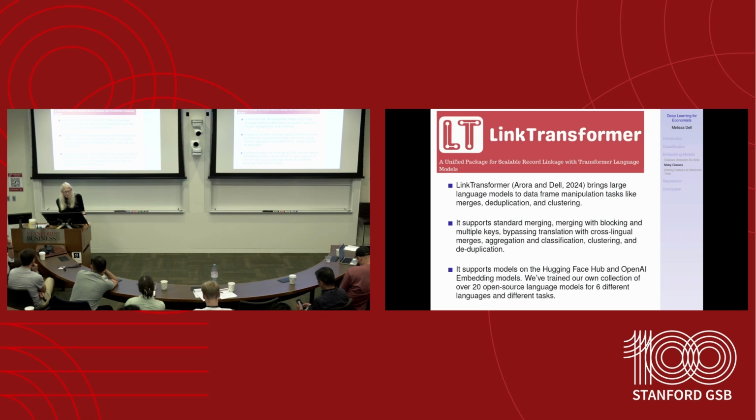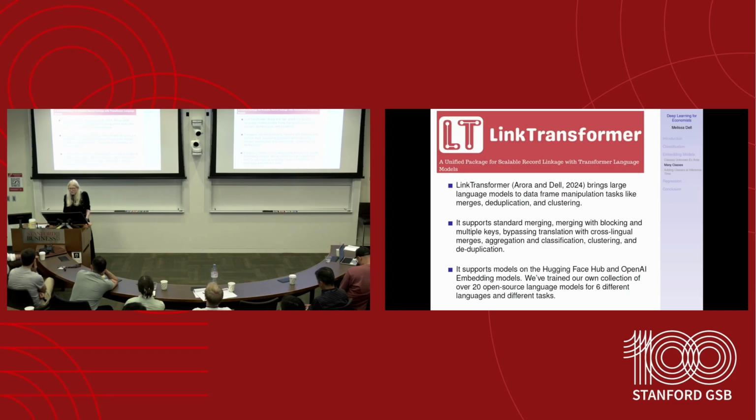It supports standard merging, merging with blocking or multiple keys. One thing I think is kind of fun is you can bypass translation by using a multilingual large language model to link across different languages, which is a domain where traditional record linkage with strings is terrible. You can use it for aggregation, say aggregating products into industries.